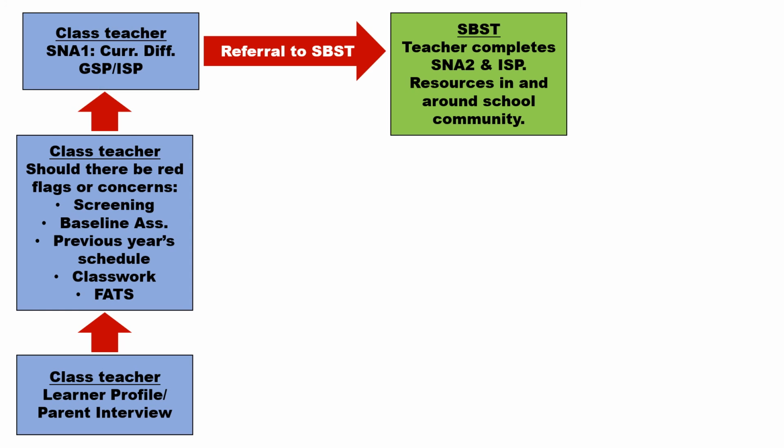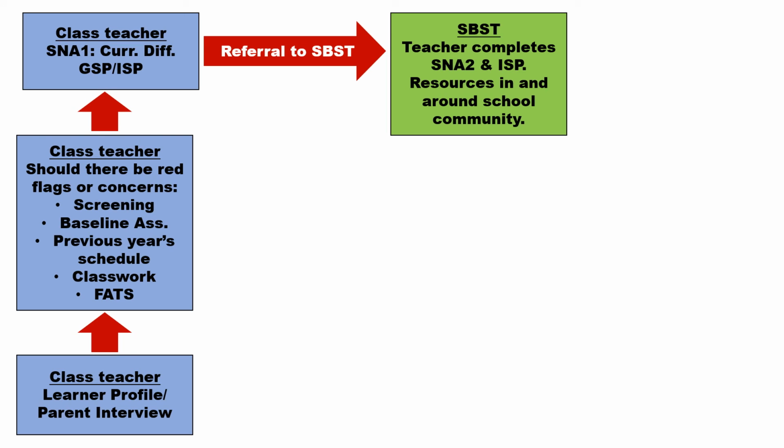If, however, after applying these intervention strategies, differentiating the curriculum either through the teacher's teaching methods or the teaching material or adjusting the environment, if all of these did not show any results, then we refer to the SBST. During the SBST meeting, the educator completes the SNA2 and the ISP.